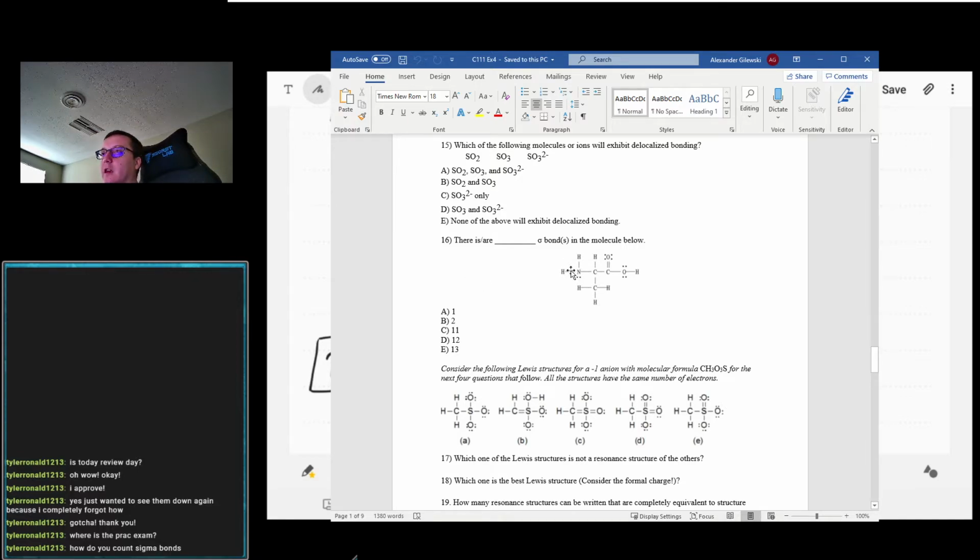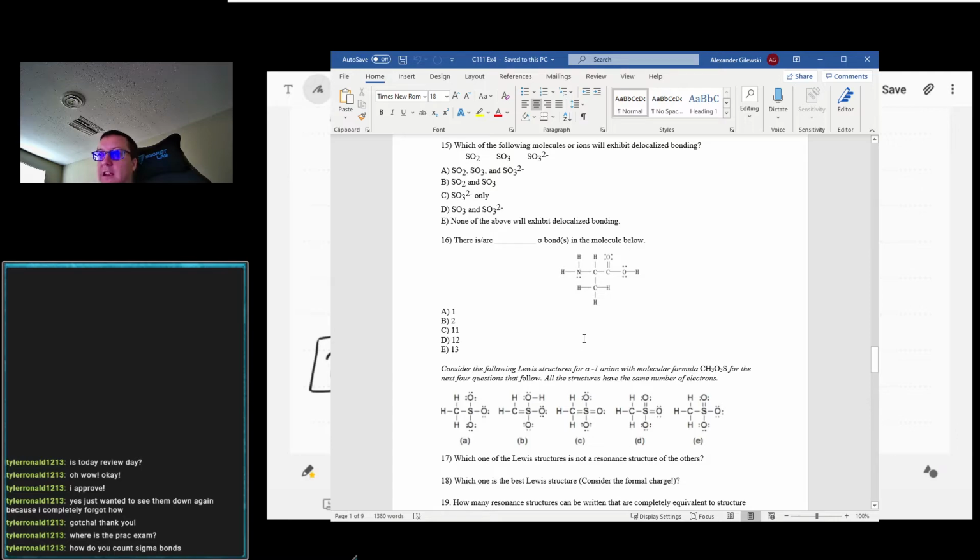So we would just say, okay, here's 1, 2, 3, 4, 5, 6, 7, 8, 9, 10, 11, 12 sigma bonds. If I had this on paper, I would write them out, but not the case here. So in this molecule, we would see that there are 12 sigma bonds, and we would have 1 pi bond.